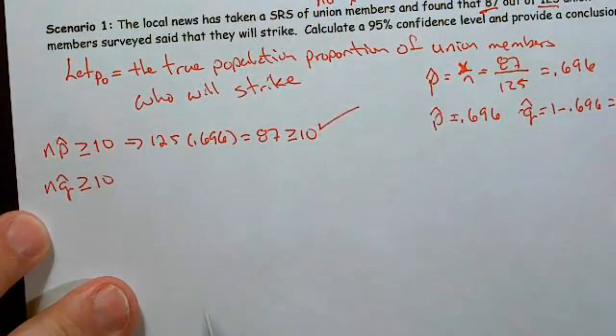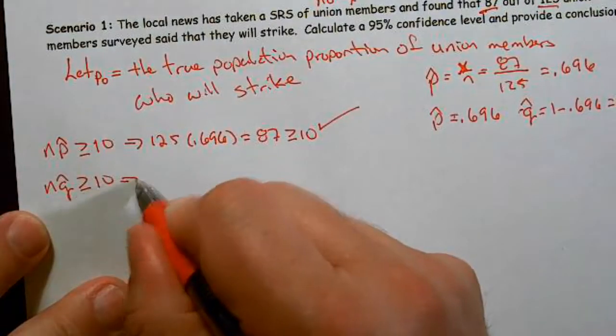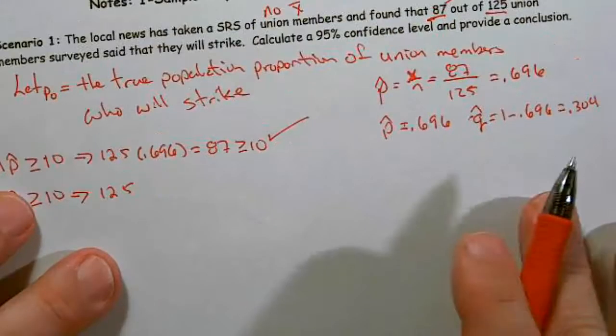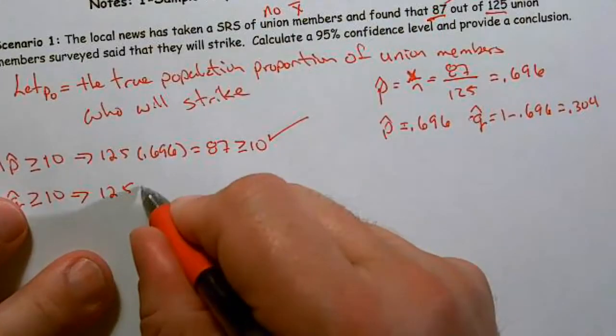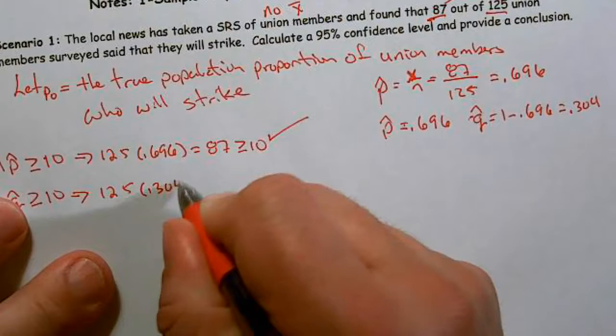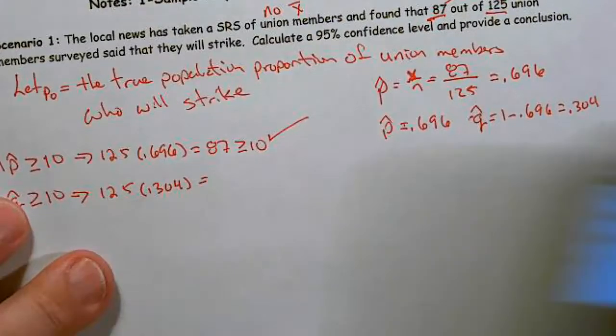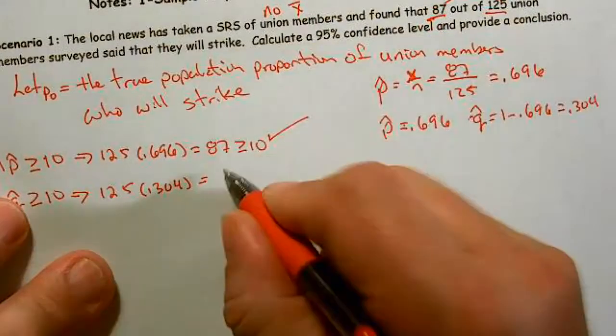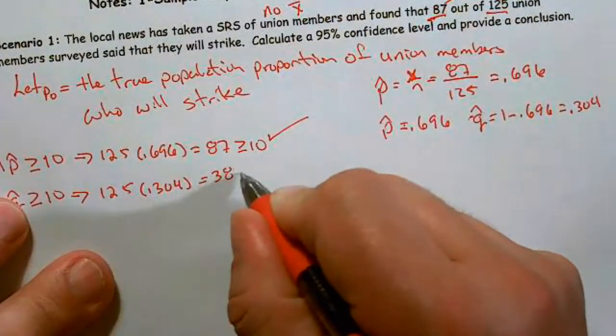That's good enough. Over here, 125, and we need Q hat. Well, we calculated it and said it was 0.304. That's 38. And that's greater than or equal to 10.